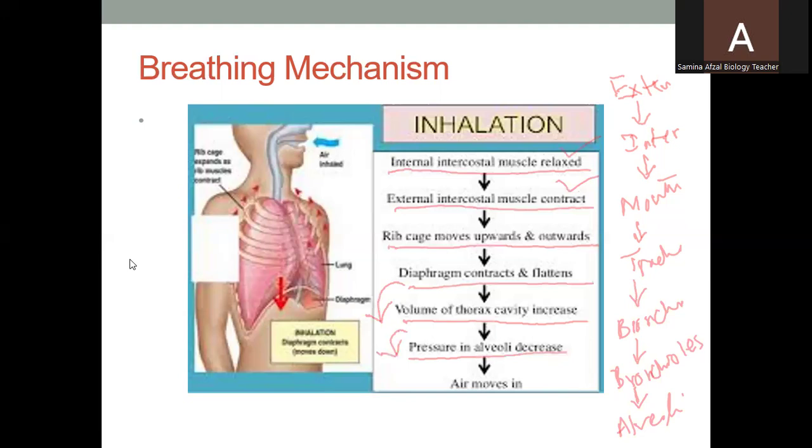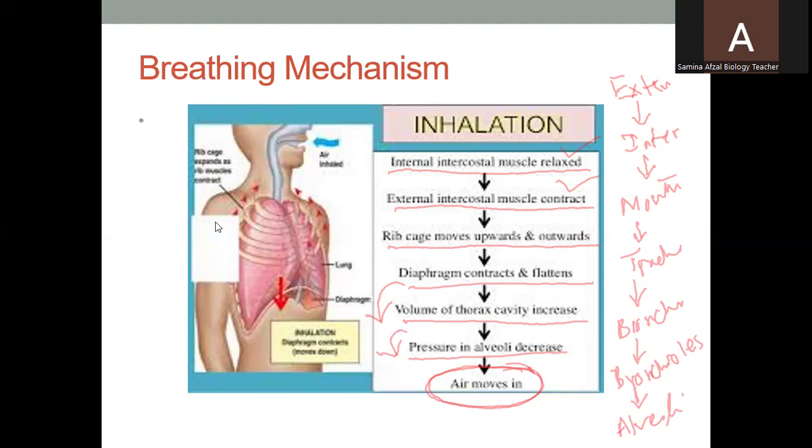It means air will now enter into the alveoli, because air moves from high pressure towards lower pressure. So air moves in, and in this way the air enters our breathing system.